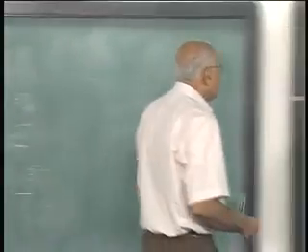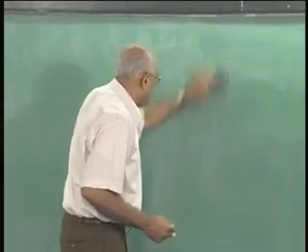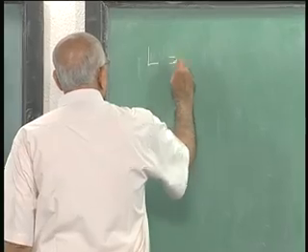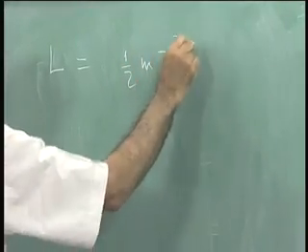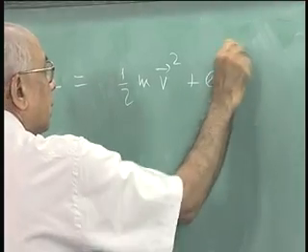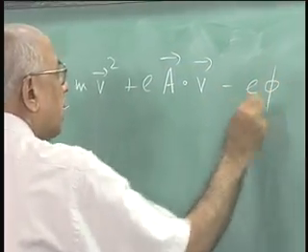Now recall that our original result was the following. We started off by saying the Lagrangian was equal to 1/2 mv squared plus e A dot v minus e phi.